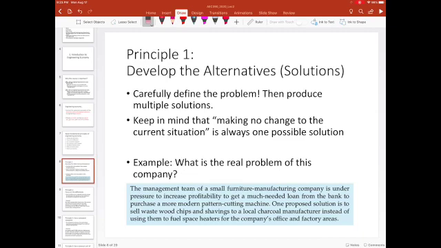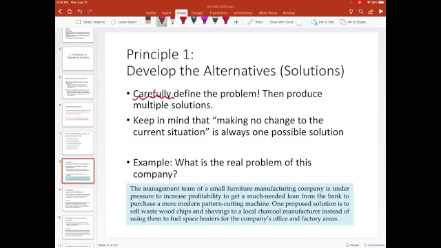So you want to carefully define the problem. And keep in mind that making no change to the current situation is always one possible solution. We might ignore this option, right? Because you always want to make a change, make something different.